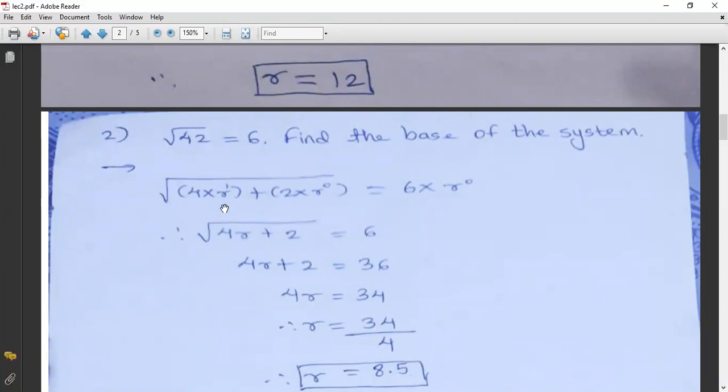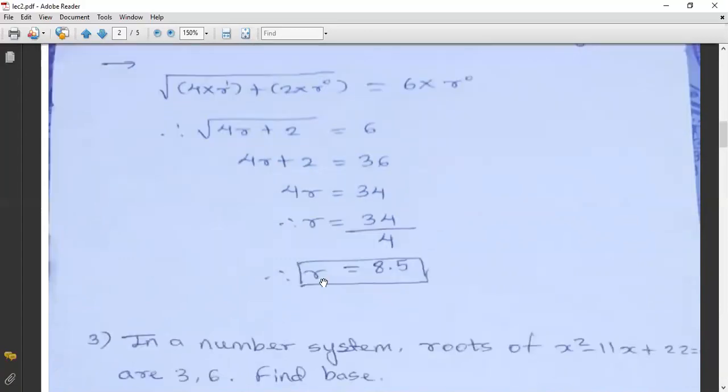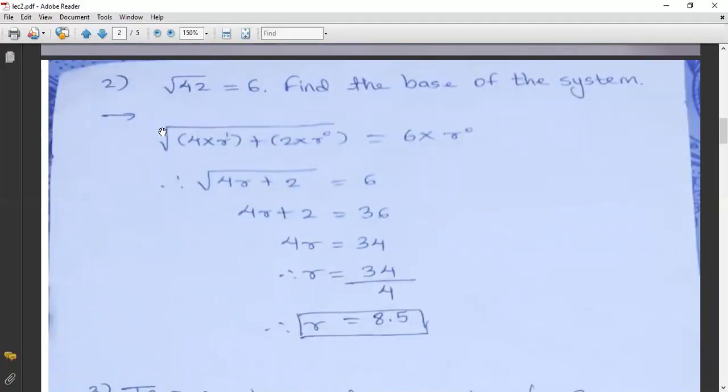So 4 into R raised to 1 plus 2 into R raised to 0, equal to 6 into R raised to 0. Therefore, under root, 4R plus 2 equal to 6. Now squaring both sides, we get 4R plus 2 equal to 36. By solving this, we get R equal to 8.5. So this is the answer for this example.